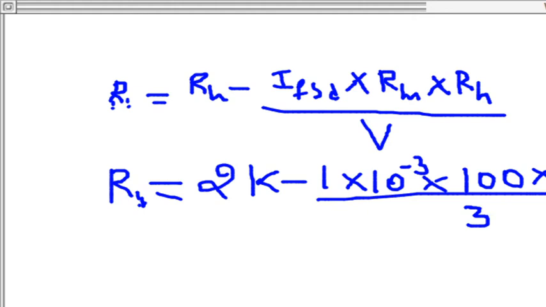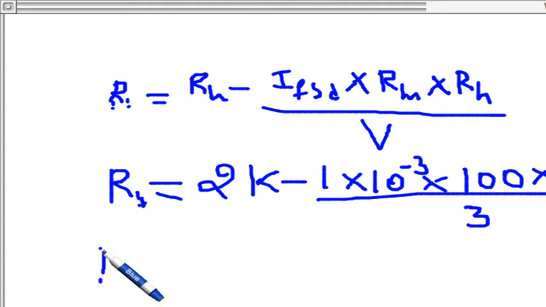So here by substituting all these values we can get the R1 value as 1933.3 ohms.